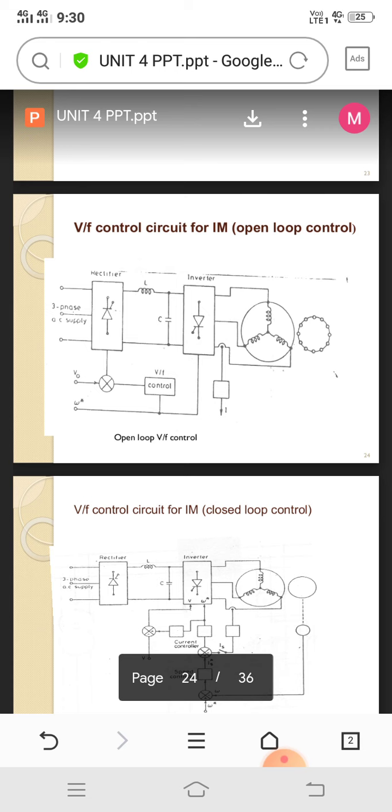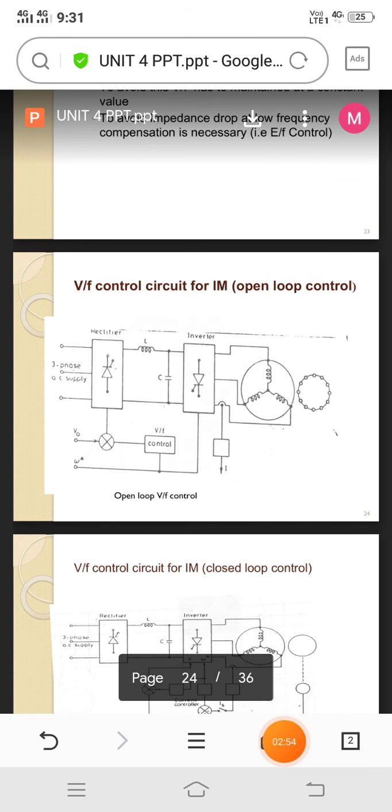By receiving the input supply this way, it is converted into DC. The rectifier is ready to convert this three-phase AC supply into DC supply in the proper manner.